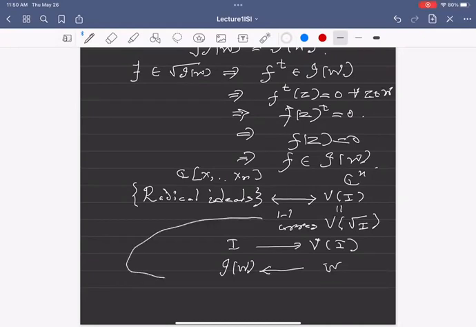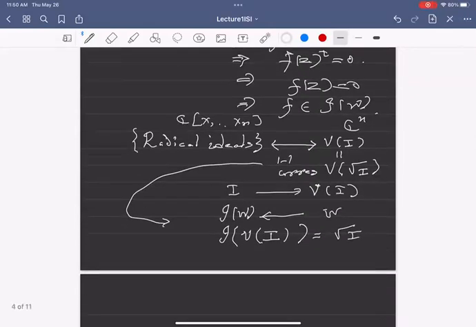To say it is a one-to-one correspondence means if I start with an ideal, construct its algebraic variety, and then construct the ideal, I will get back the radical of I. So if I is a radical ideal, I get back I. And the other way is to start with a radical ideal J, go to its variety, and then go to its ideal.